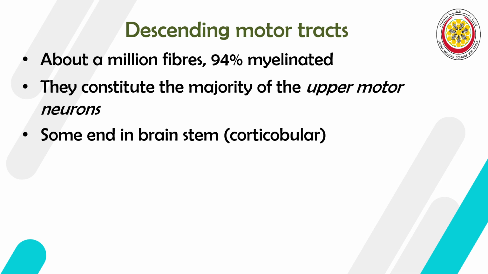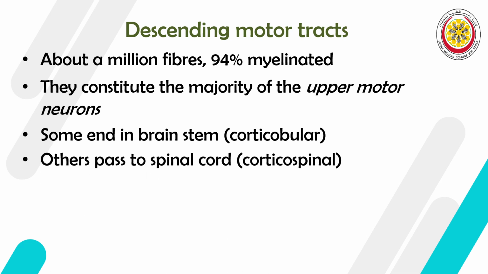Now, some of them end in the brain stem. They come from the cortex but end in the brain stem. What do we call them? The corticobulbar. And then we have others, the majority in fact, that go directly to the spinal cord, and these are the corticospinal.